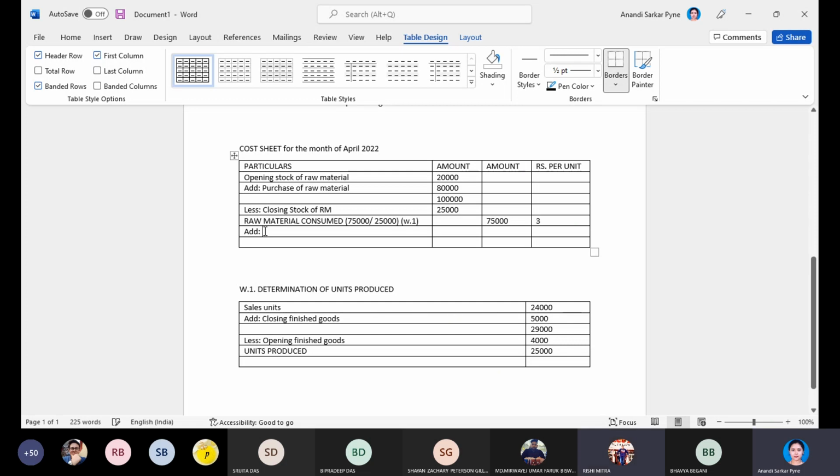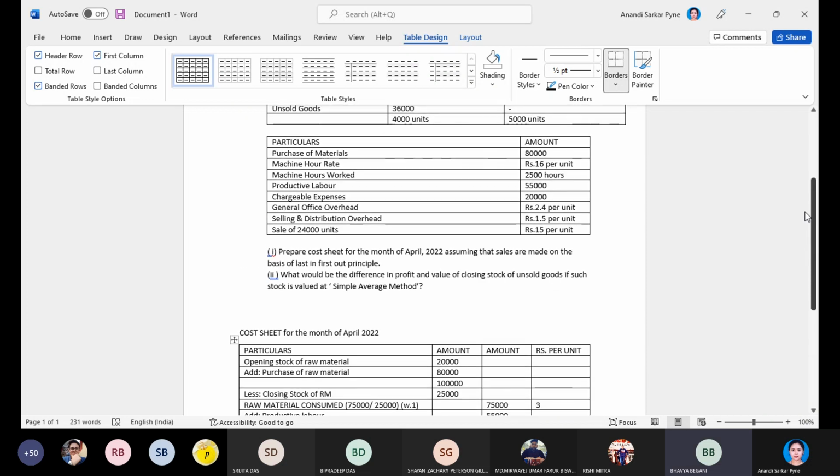Now let us add productive labor with it, 55,000. Then chargeable expenses, 20,000, which is 0.8 rupees per unit.